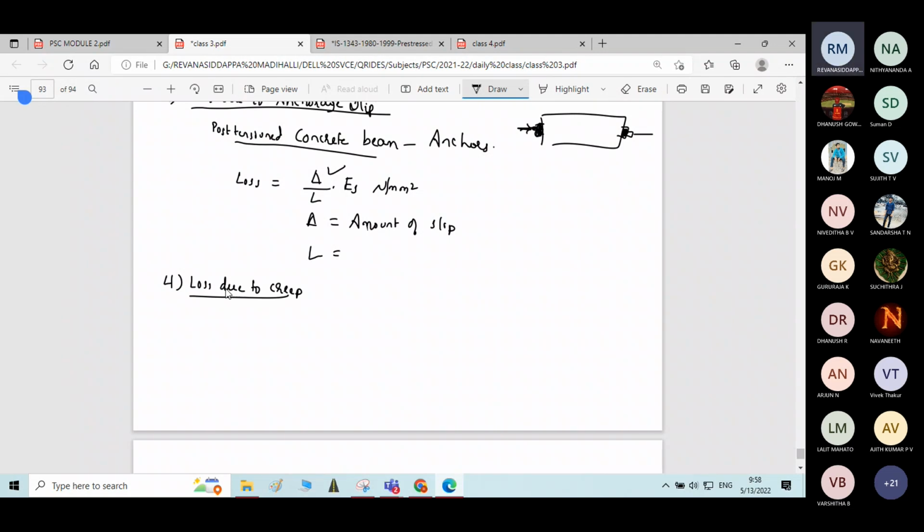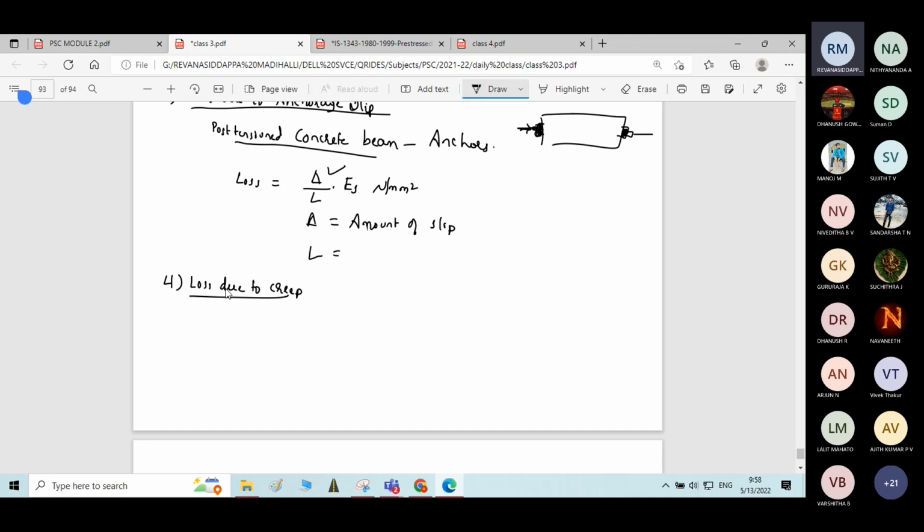What is creep? You are already familiar with creep and shrinkage. What is the meaning of creep? Loss of stress due to sustained loading, continuously applied for a long duration, is called creep.